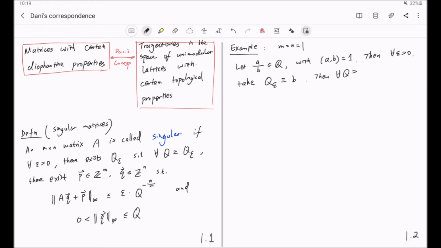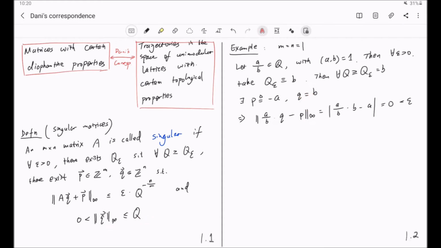Then for any capital Q greater or equal to q epsilon, which is b, there exists p as negative a, and q, which is b, such that the norm of a over b times q minus p, which in this situation is really just the absolute value, is equal to 0, which is strictly less than epsilon.